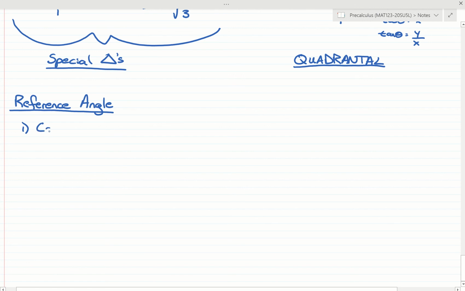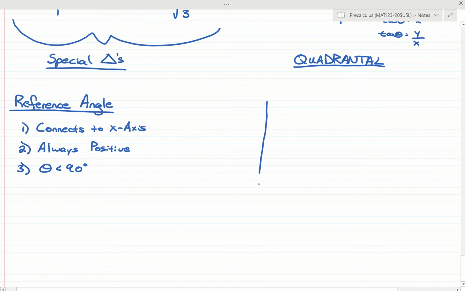One is it always connects to the x-axis. Second, it's always positive. And the third is that the reference angle is always less than 90 degrees.